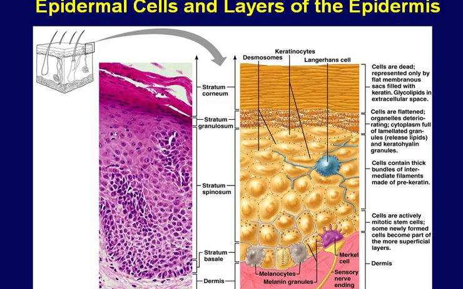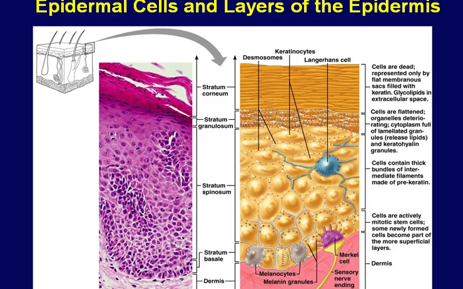Cell types of the epidermis. Four types of cells have been described in the epidermis: keratinocytes, melanocytes, Langerhans cells, and Merkel cells. Keratinocytes are the main and most predominant cells of the epidermis, involved in a complex process of keratinization.